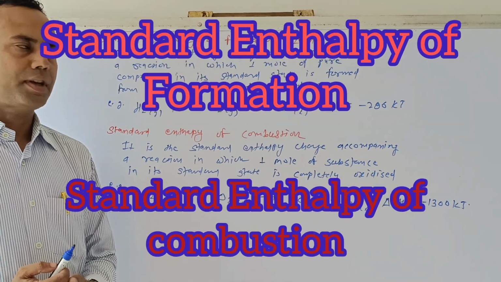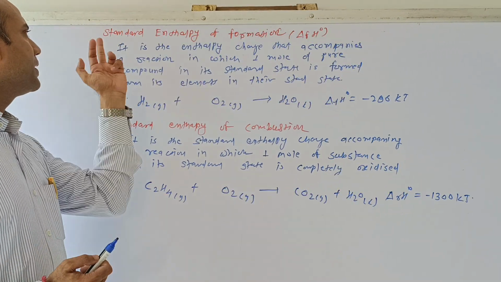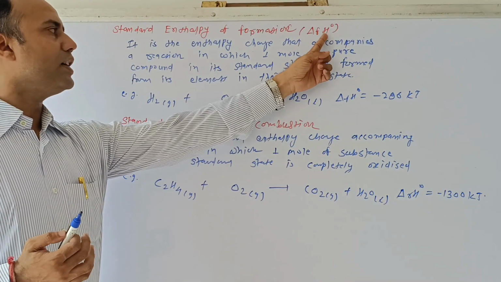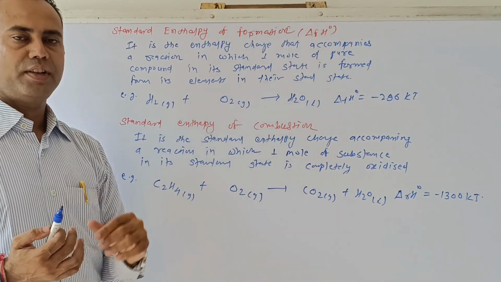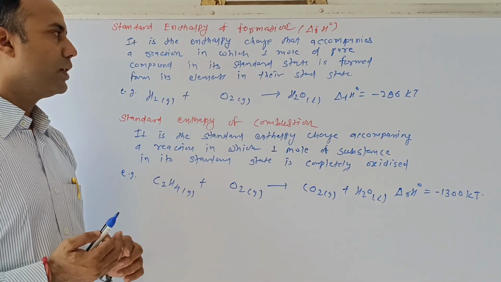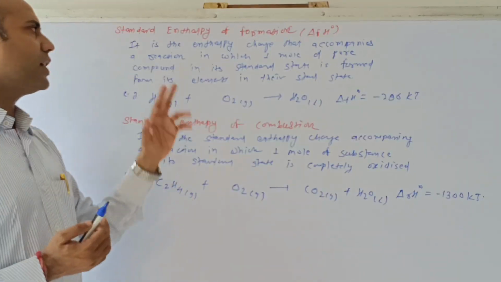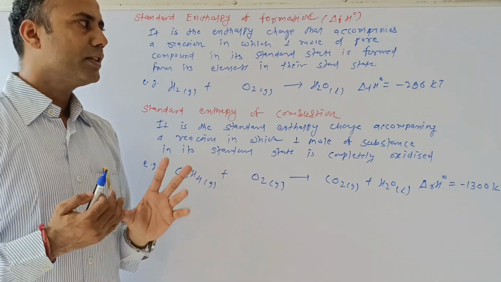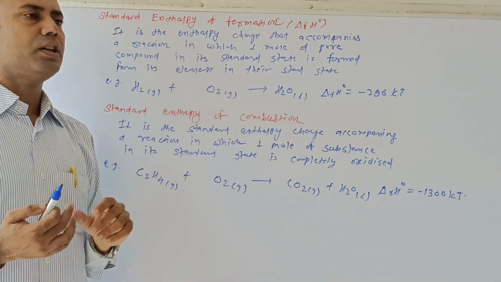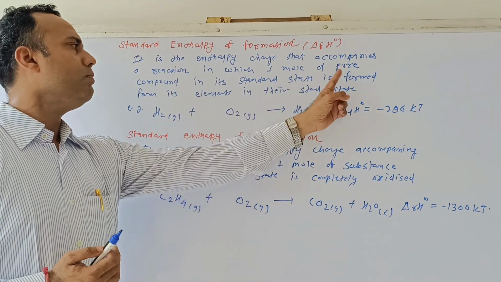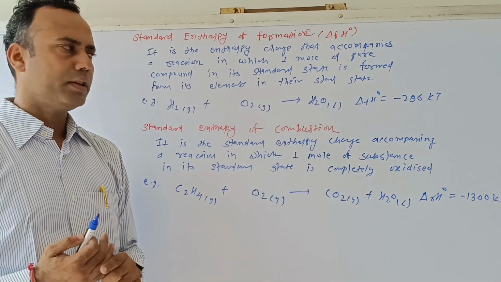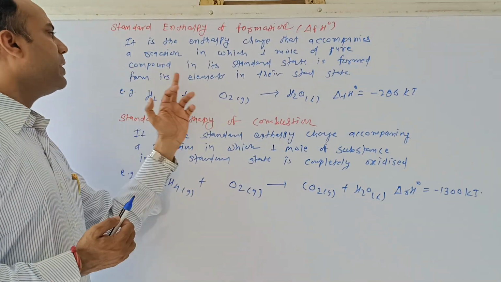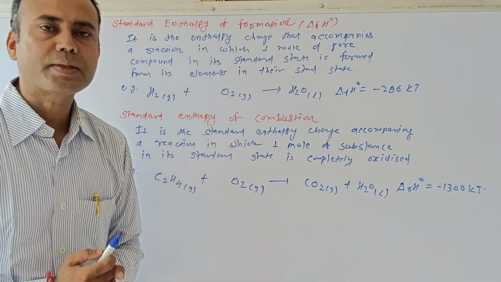So students, now we are going to discuss standard enthalpy of formation, delta H0 of F. F stands for formation. The standard enthalpy of formation is the enthalpy change that accompanies a reaction in which 1 mole of pure compound in its standard state is formed from its elements in the standard state.